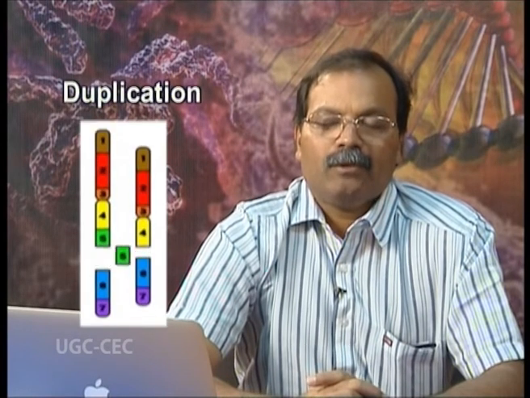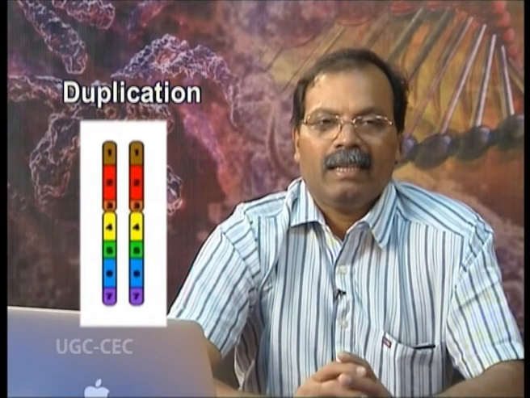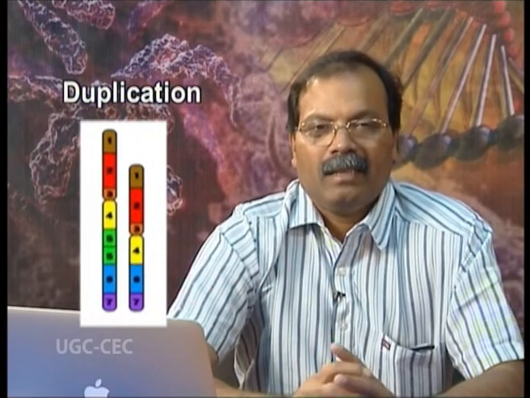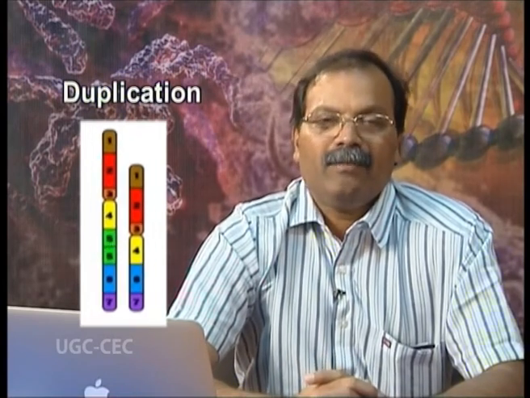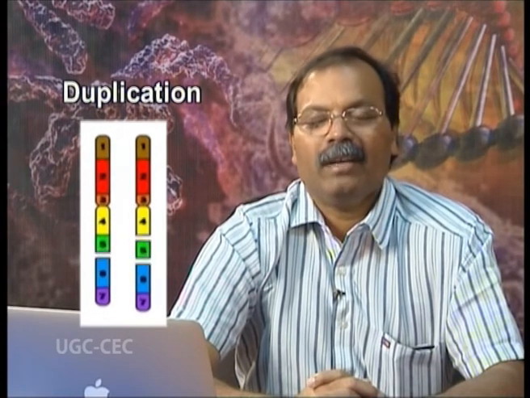Now, we come to chromosomal duplications. As is shown here, part of the chromosomal material you see is duplicated. This duplication we often see in the region of non-coding sequences.